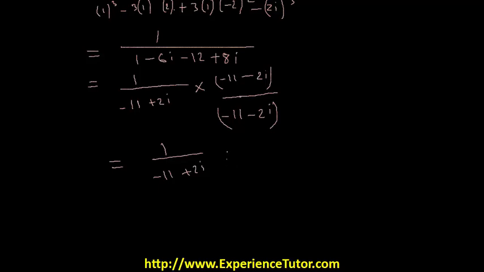So we can write it as minus 11 minus 2i upon minus 11 whole square minus minus 2 whole square.